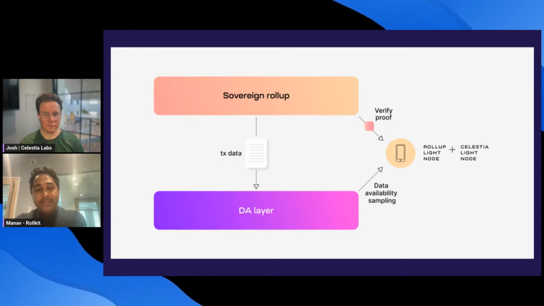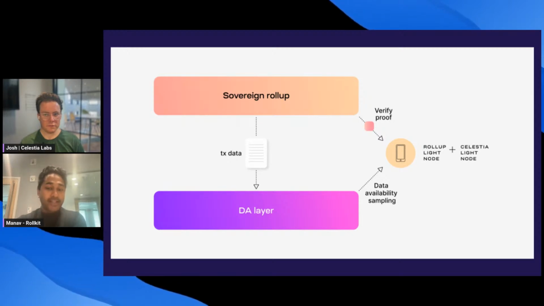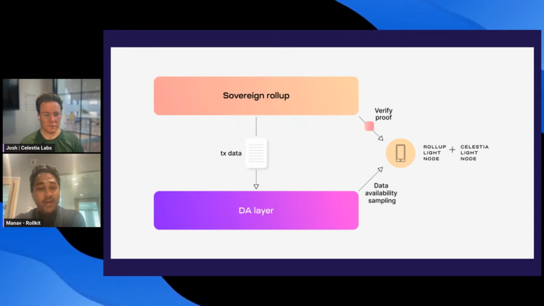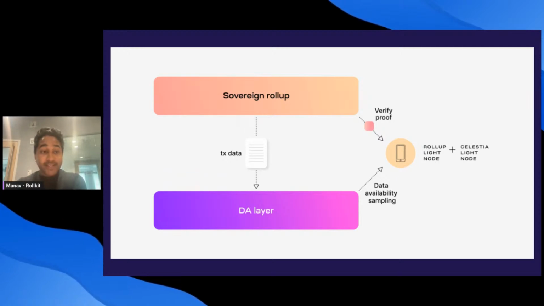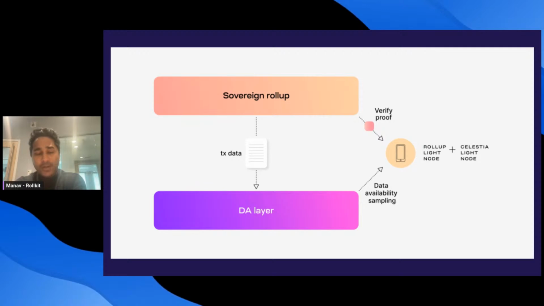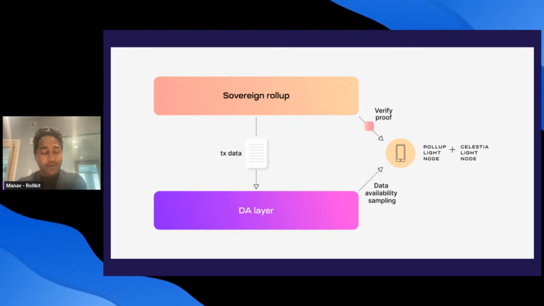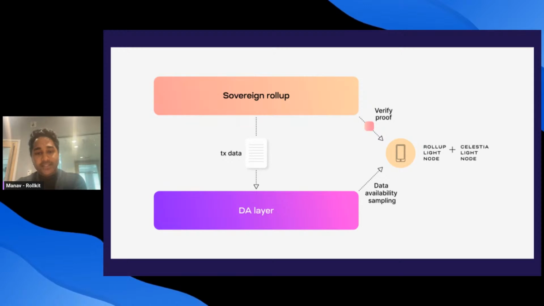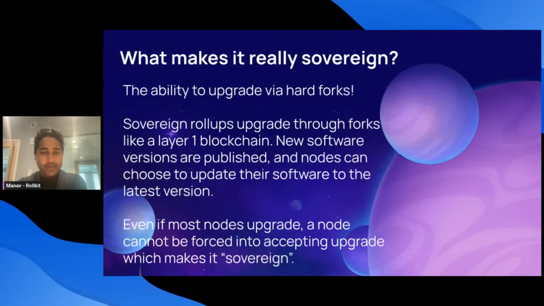And the rollup light nodes will be running the DA layer light node, which, depending on the DA layer, will be doing data availability sampling, as in Celestia's case. And any kind of proof systems that the sovereign rollup uses, they would verify that as well. So it's a visualization for it.